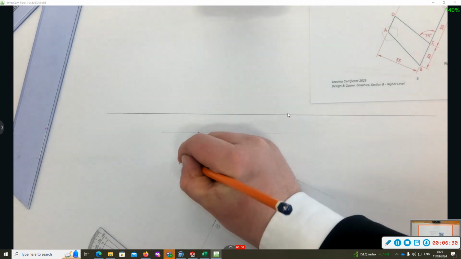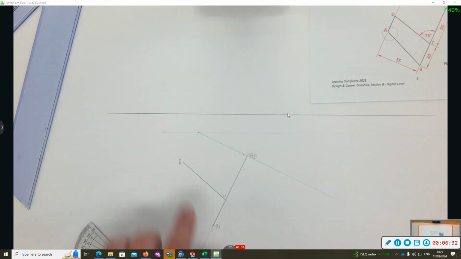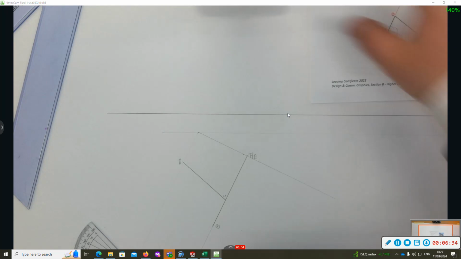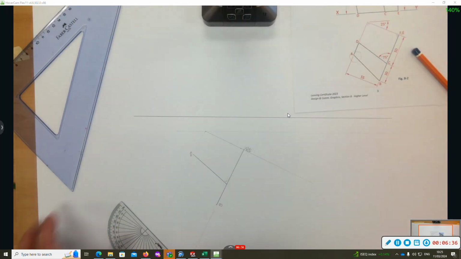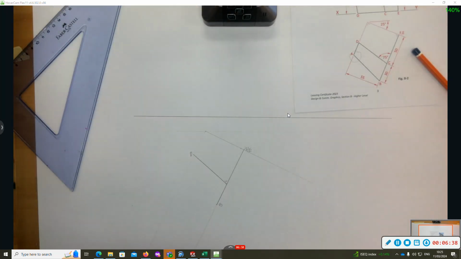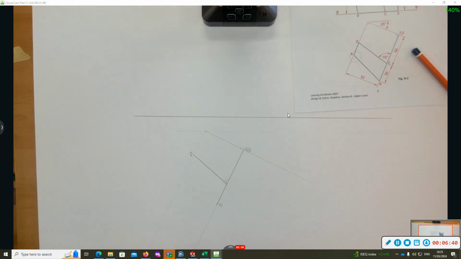So there's point D. Now, we don't know where point A is in plan, but if we get our elevation of it, it'll get us our answer. So I can project my existing points from plan up.